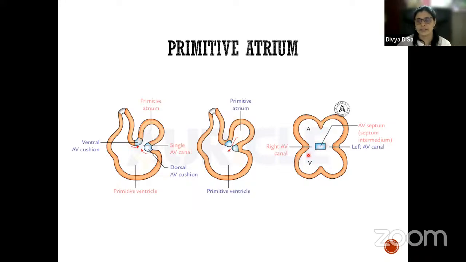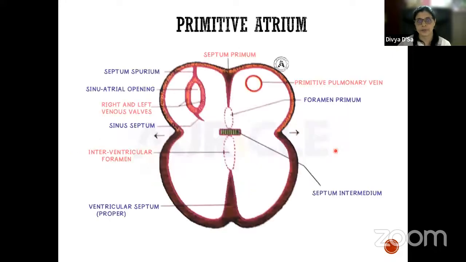This passage between the right atrium and the ventricle, we call the right AV canal, and between the left atrium and the ventricle, we call the left atrioventricular canal. Now from the roof of the developing primitive atrium, a septum will develop downwards.